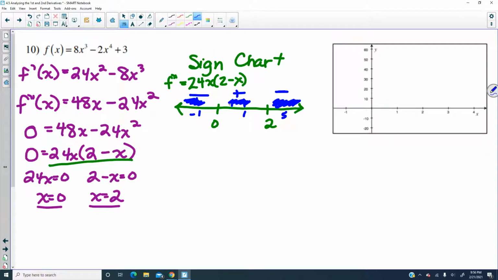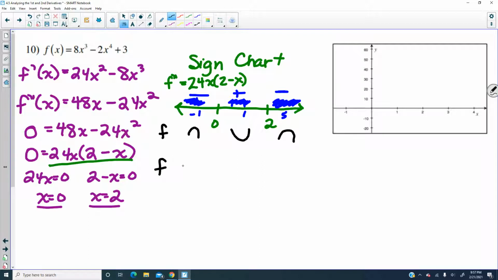So that means f would be concave down from negative infinity to 0, concave up from 0 to 2, and then concave down from 2 to infinity. Now let's write all this out.